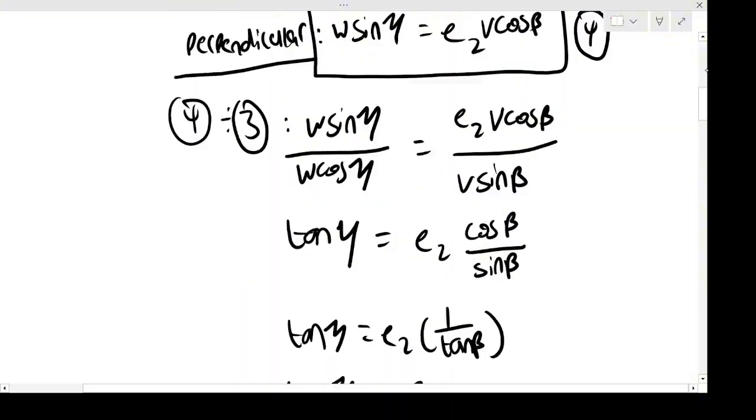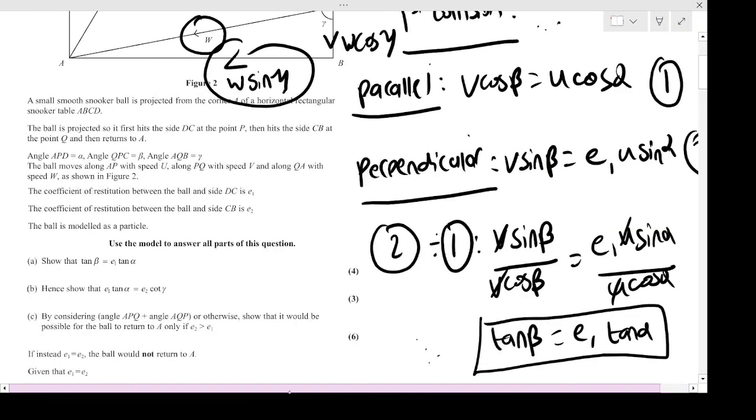Now, if I look at the question, it wants me to show that E1 tan alpha is E2 cot gamma. By the way, cot is 1 over tan. You need to know that from normal math, but ignore that for a second. What's the key difference between their expression and mine?